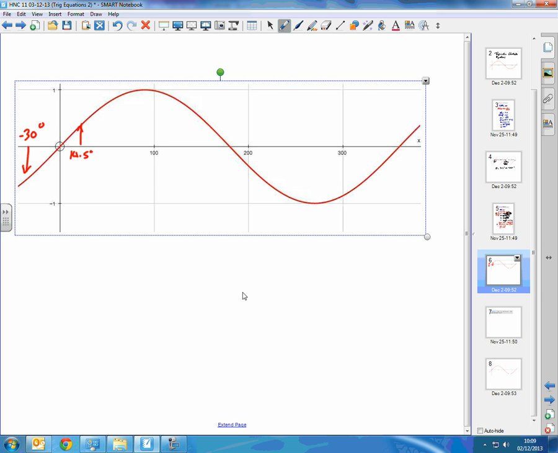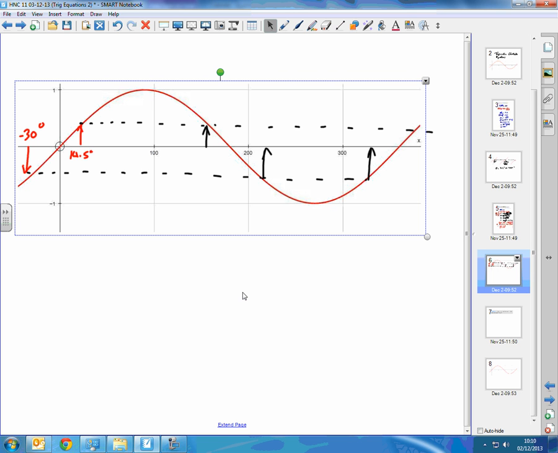So minus 30, we extend this along here, we're actually after that angle and that angle. For the 14.5, we're interested in the 14.5, but also this angle here. The one over here is actually beyond 360, so we're not interested in that one.